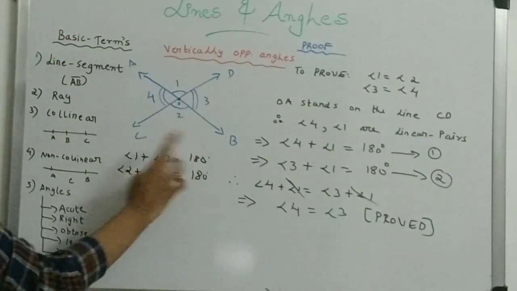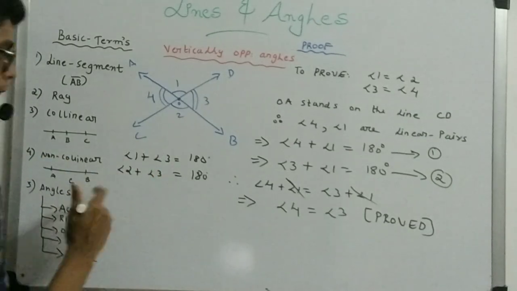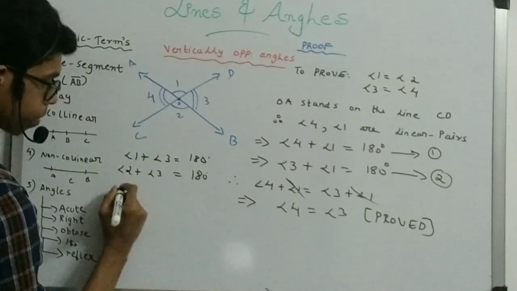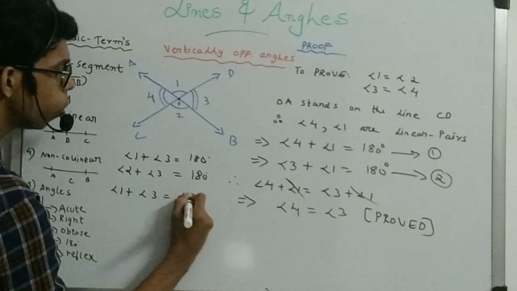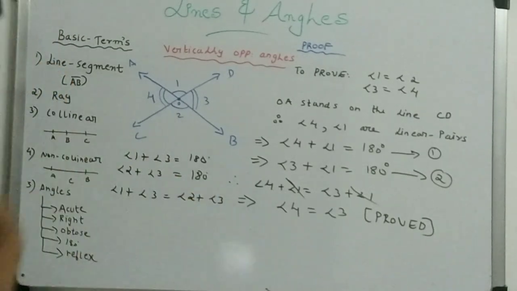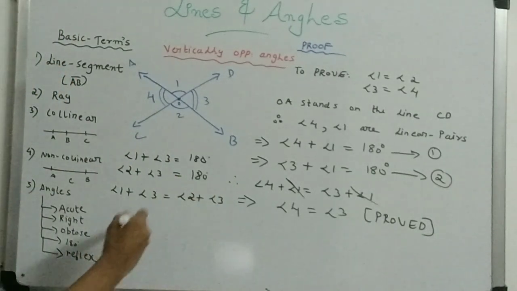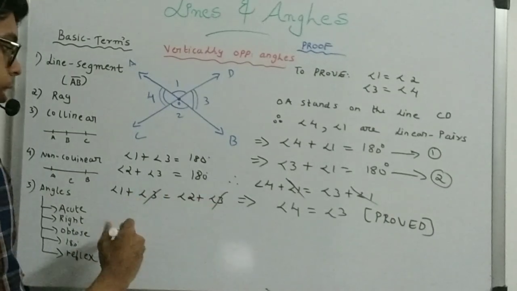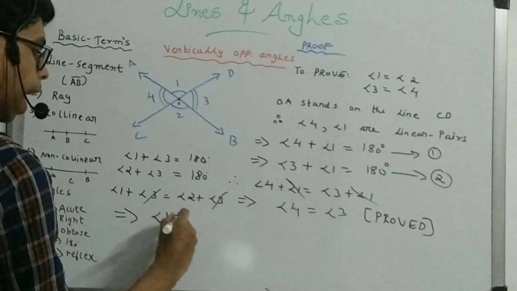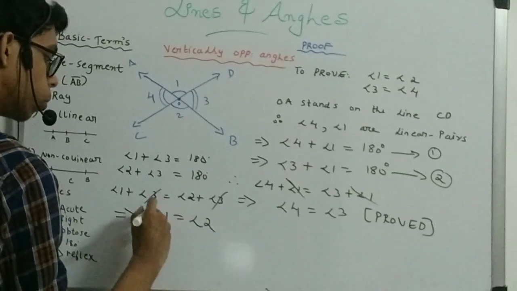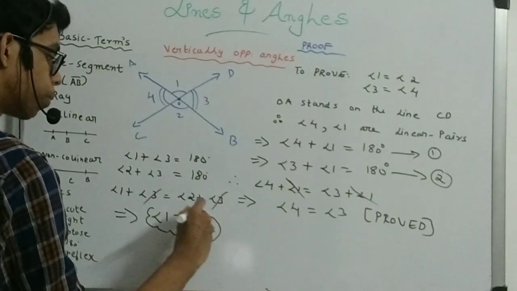Now since both of them are equal to 180, we can equate the LHS. So angle 1 plus angle 3 is equal to angle 2 plus angle 3. Cancelling angle 3 on both sides, finally we get angle 1 is equal to angle 2.